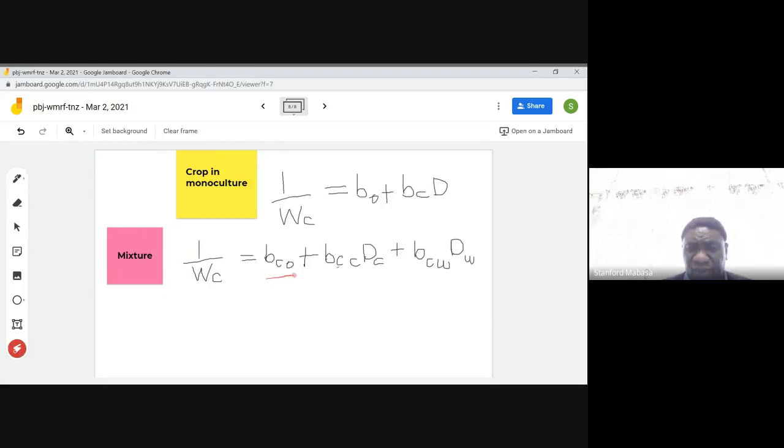This BCO here is what they call the intercept. That is where the straight line begins. Then the BCC is the other slope of the crop. This is the density of the crop.